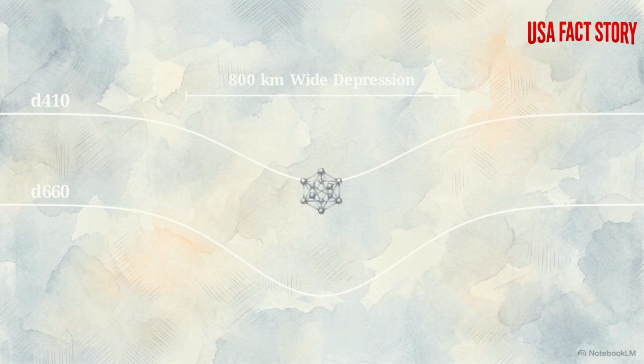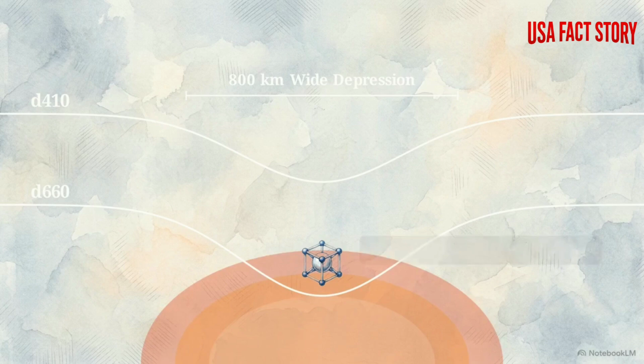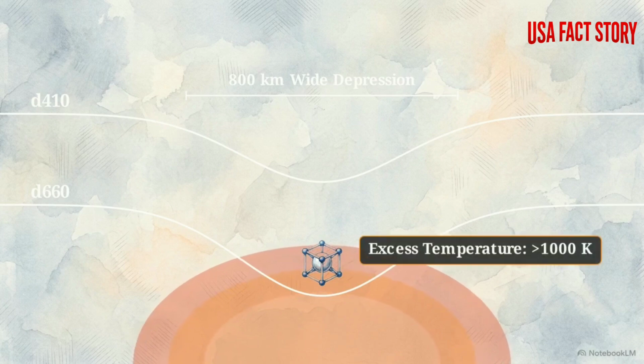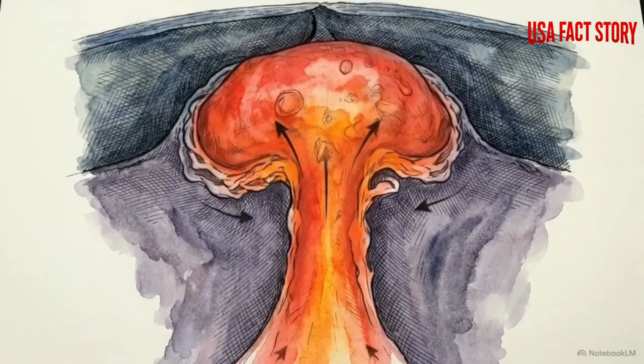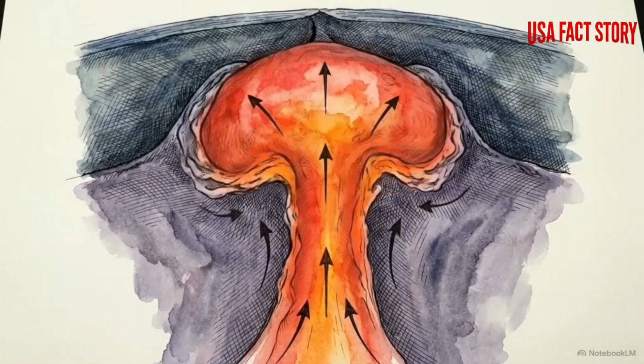Mineral physics tells us that extreme heat is forcing the natural transition of majorite garnet into perovskite to occur significantly deeper than usual. To cause this level of downward deflection at the D660 boundary, the excess temperature of the rising rock must exceed 1,000 Kelvin. This intense thermal deformation is the signature of a massive, buoyant mantle superplume punching upward toward the crust.